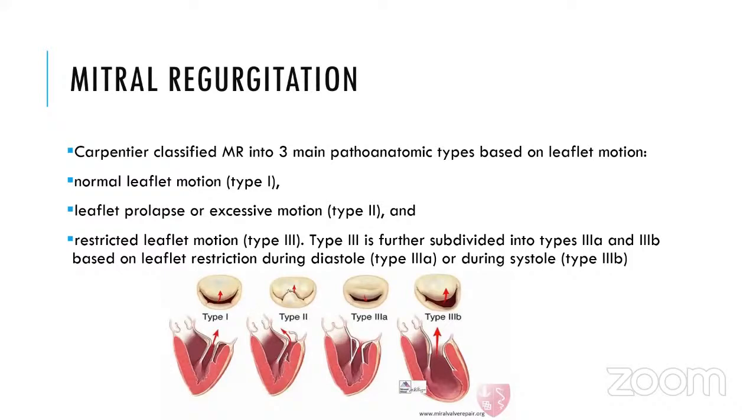And type 3 is divided into 2 types, 3A and 3B. 3A is restricted leaflet motion in diastole, and this type of dysfunction is usually found in patients with rheumatic mitral regurgitation. Type 3B is restricted motion in systole, which is found in patients with ischemic mitral regurgitation.